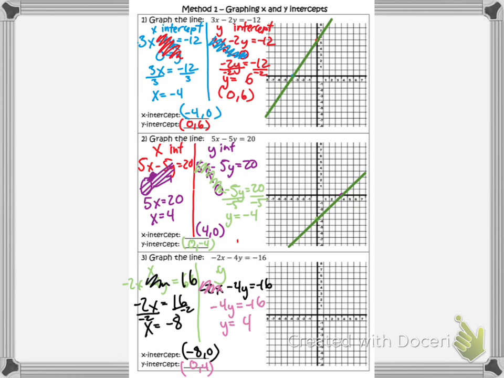So here's my y-intercept. And here's my x-intercept. And here is the line that connects both. I'll draw a better line. All right, so here you have method 1, graphing using x and y-intercepts for standard form.